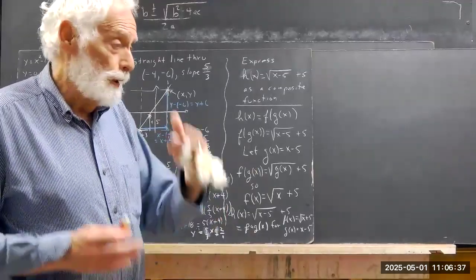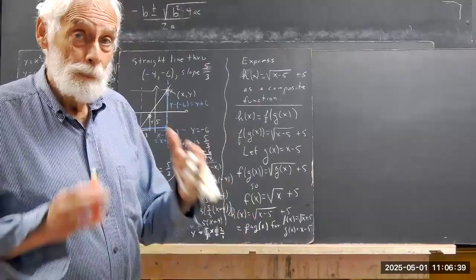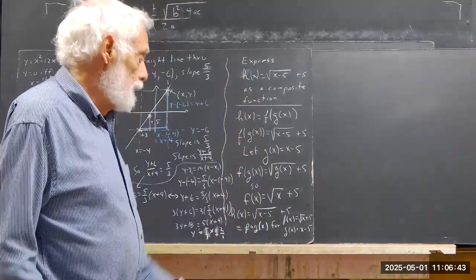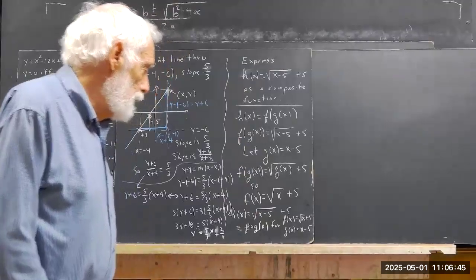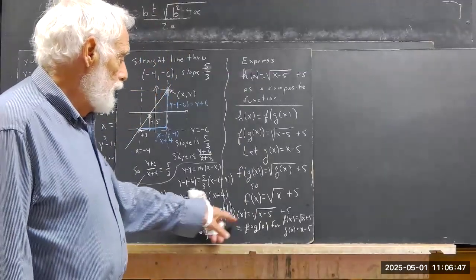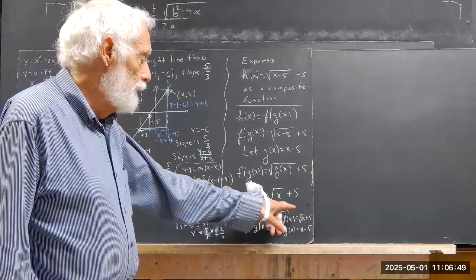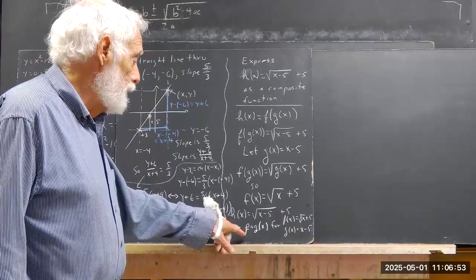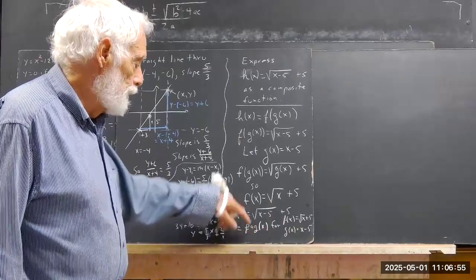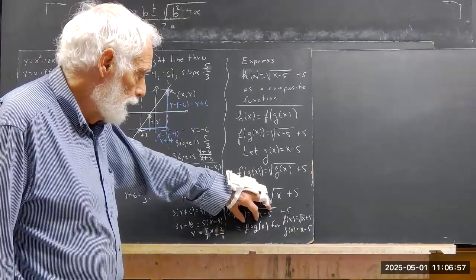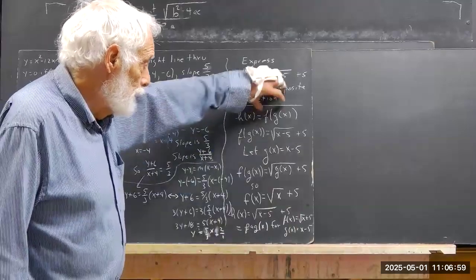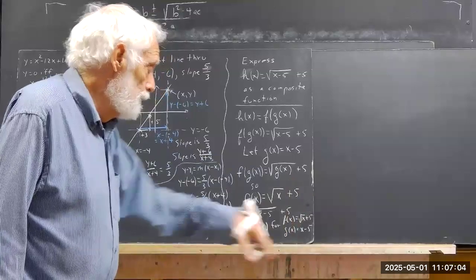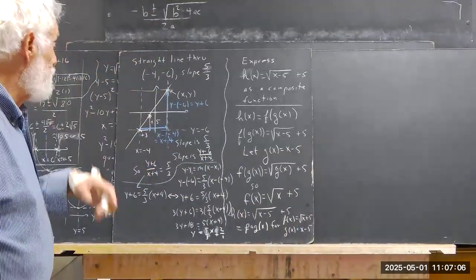I said it really fast, so you probably don't have time to process it, but it's worth thinking about, and I'd go over it in a lot of detail. In any case, we then say h of x is the square root of x minus 5, plus 5, and that equals f circle g of x, because that's our notation for the composite function. It just means f of g of x, where f of x is the square root of x plus 5, and g of x is x minus 5.